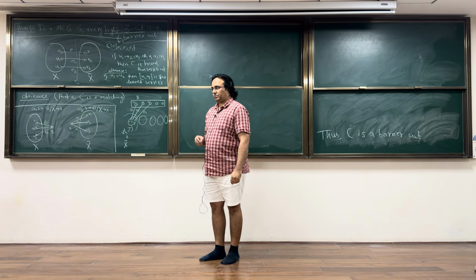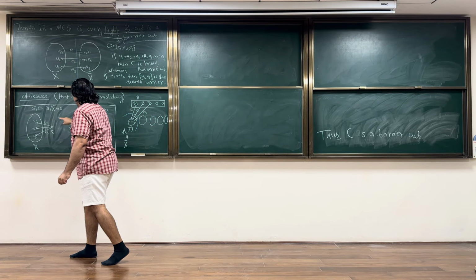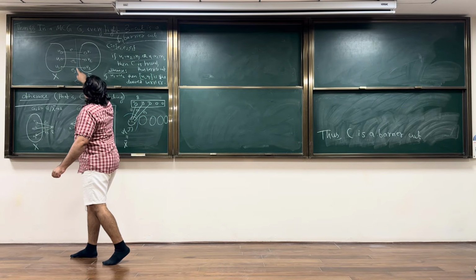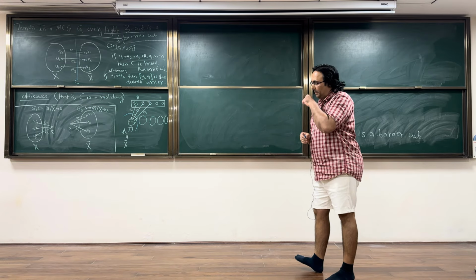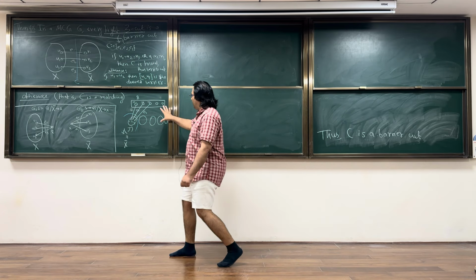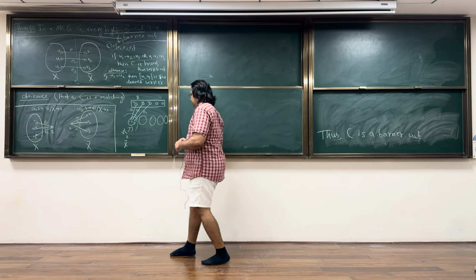Yeah? And observe that when I splice these two graphs according to the obvious bijection, I will get this graph. Yeah? Okay. So now I want to make the same drawing where I shrink X bar to a single vertex.